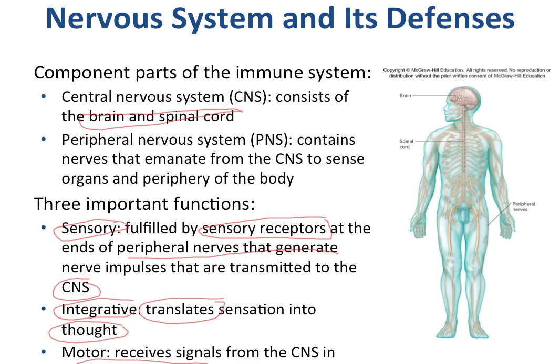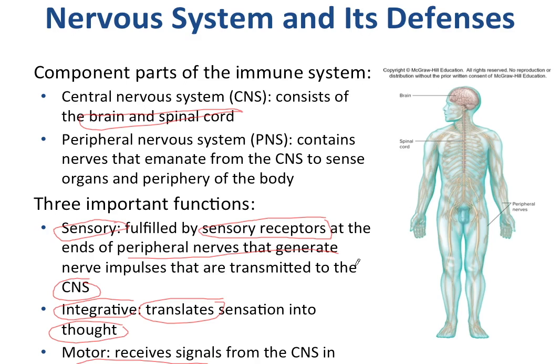For example, if we feel the object is very hot, our brain will send signals through the motor nervous fibers to the muscles of the hands.